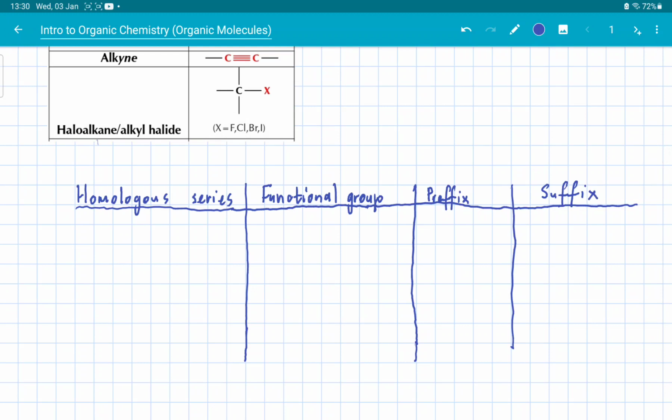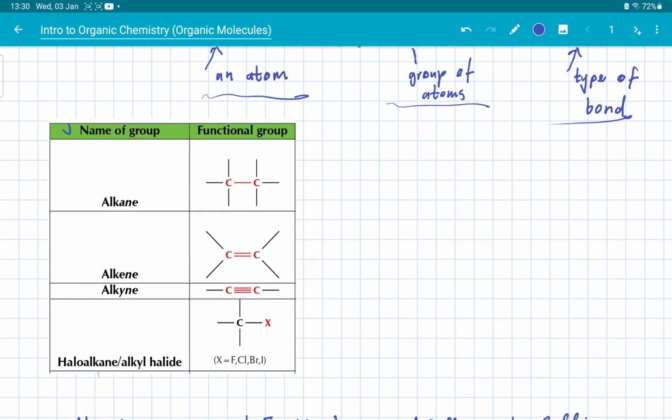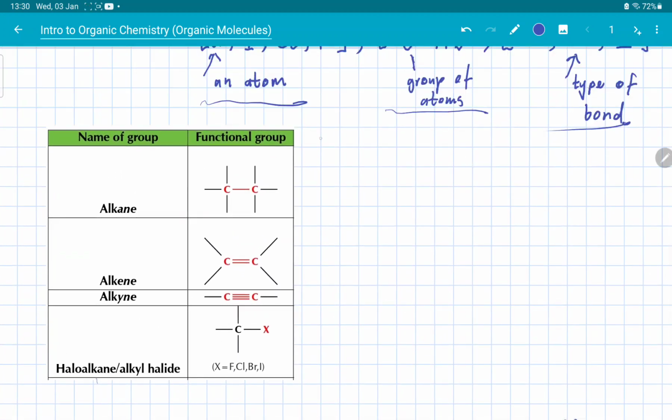Anyhow, let me go back to the table. I could have done this in one table, but it's going to be complicated. Why don't I just write that here? Let me just write prefix, suffix. Yeah, it's easy.